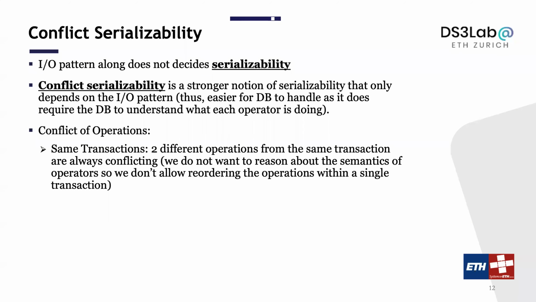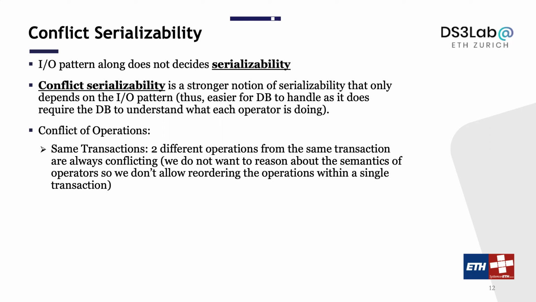So first one, within the same transaction, you have a sequence of reads and writes. And we say two different operations from the same transaction are always conflicting, okay? So the intuition is we cannot reorder them, right? Whenever two operations are conflicting with each other, intuitively, we want to say you cannot reorder them.